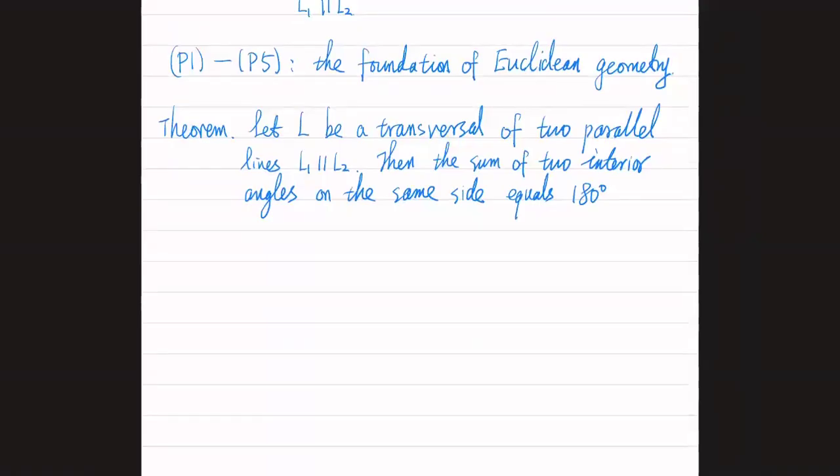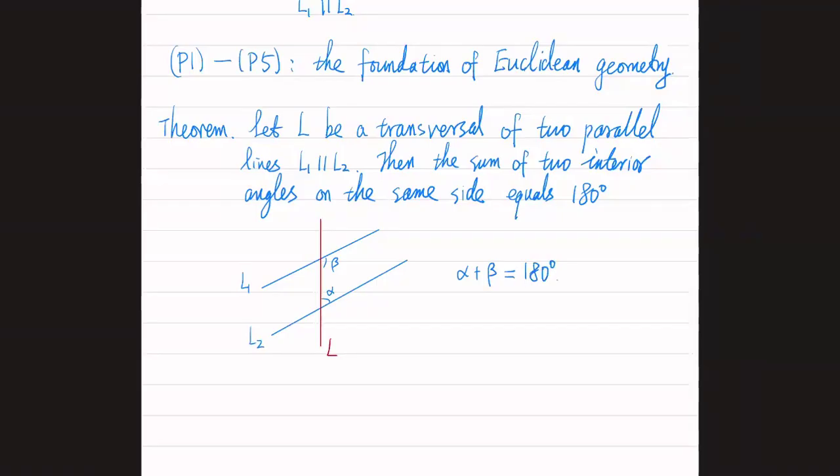A lot of words, but the picture is very easy. We have two parallel lines and a transversal. The two interior angles on the same side, alpha and beta, then we see that alpha plus beta must be 180.